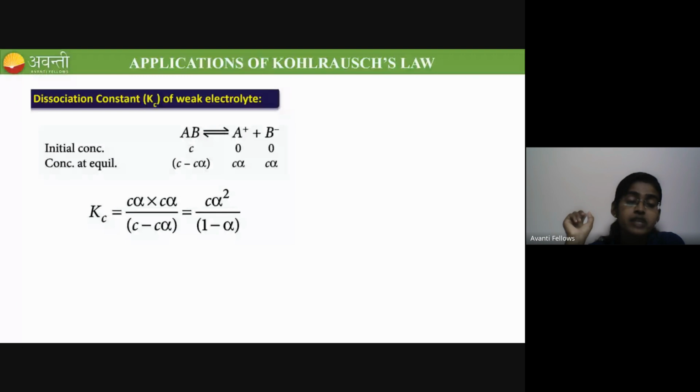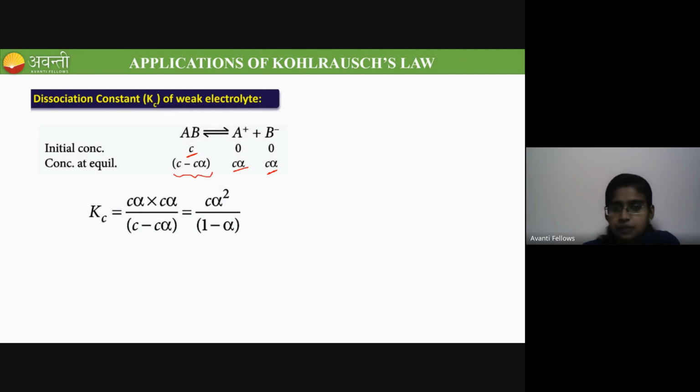When AB is dissociated to A plus and B minus, initially the concentration of AB will be C, and for A plus and B minus, it is 0. Now at equilibrium, C alpha moles of A plus is produced, and here also C alpha moles of B minus is there, and C minus C alpha is the concentration at equilibrium for AB.